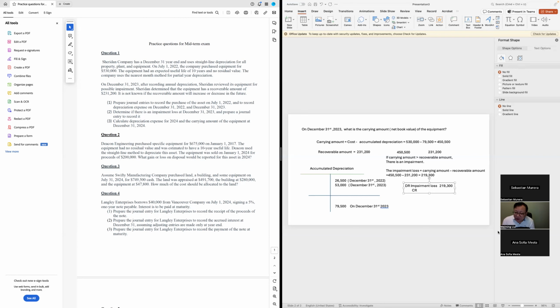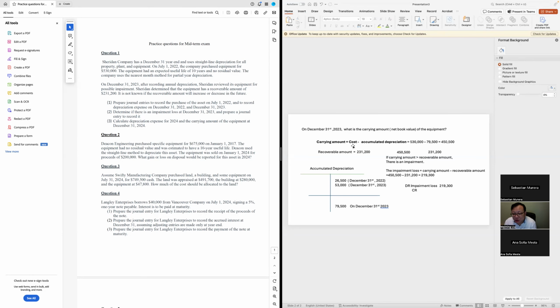Okay. So in this case, we know the carrying amount equals cost minus cumulative depreciation, right? The cost will not change. What should I do to decrease the carrying amount based on this equation?